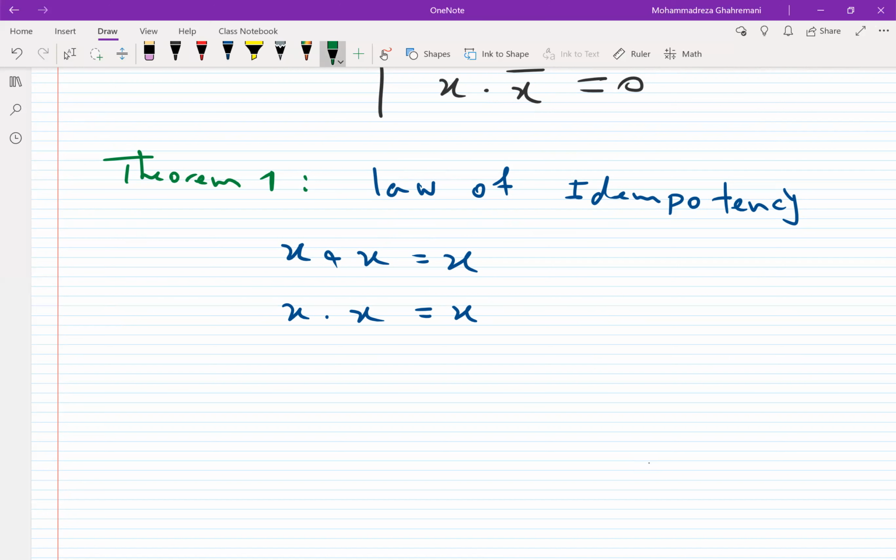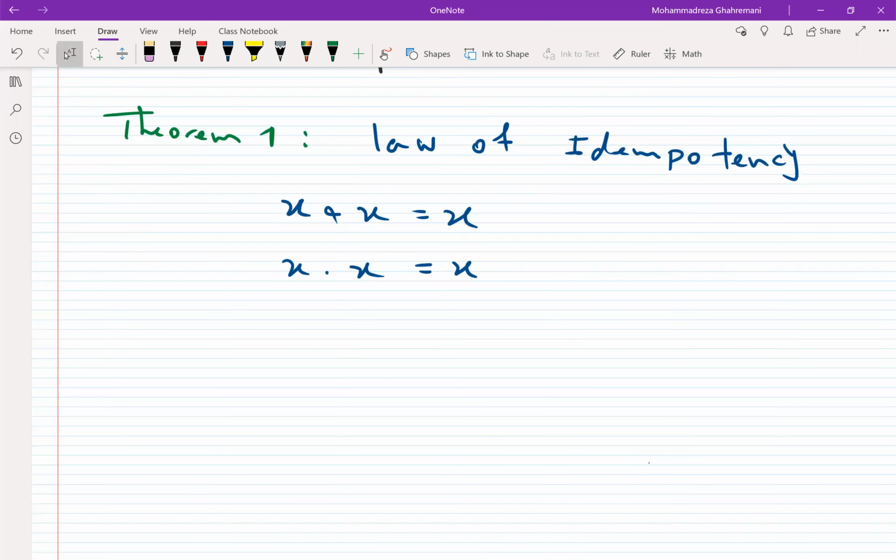Theorem number 2 is called Law of Absorption.